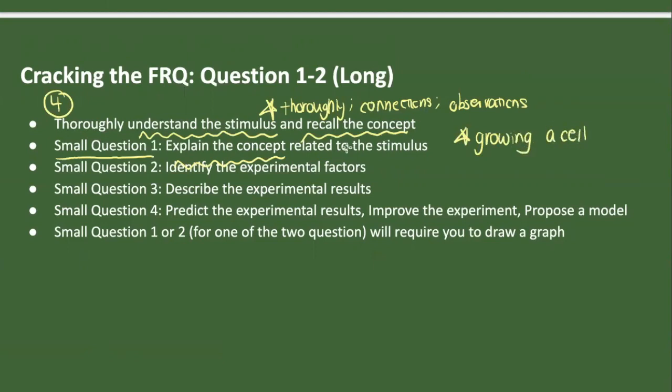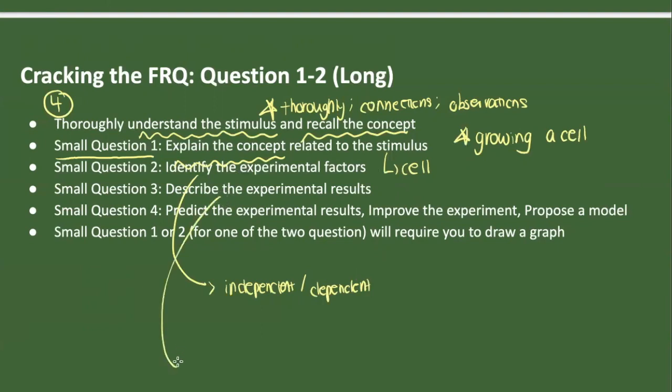Then it's going to ask you something about cell. Explain some kind of component in a cell. And the small question 2 is always going to ask you to identify the experimental factors. So what's the independent variable? What's the dependent variable? Stuff like that. If you do not know what these are, it's totally fine.